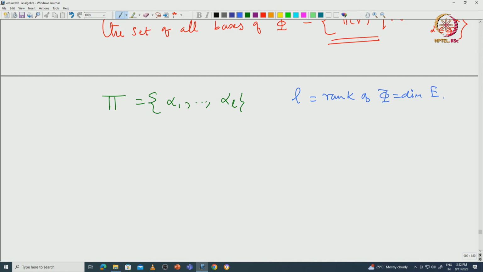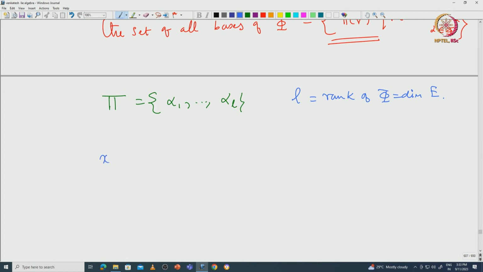Okay. So, now once you have these elements alpha 1 etcetera alpha L, you can define the positive open half spaces associated with these. What is that?